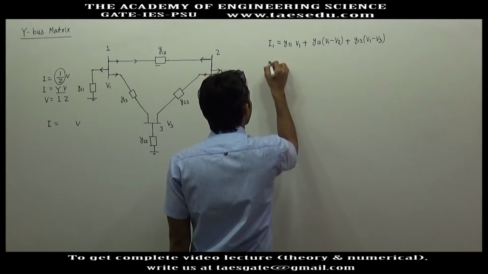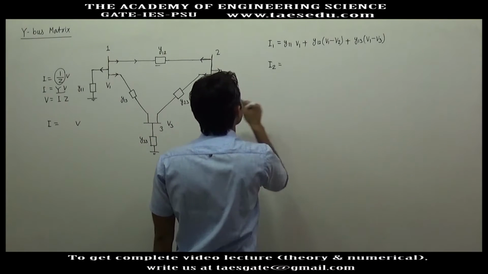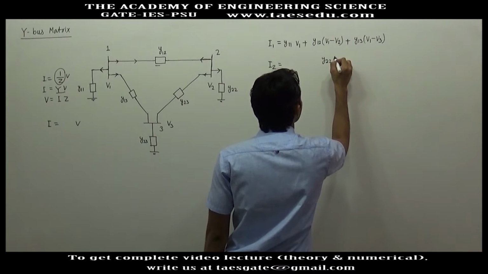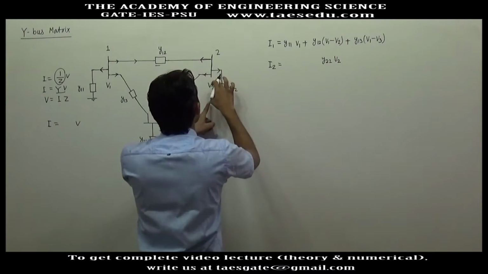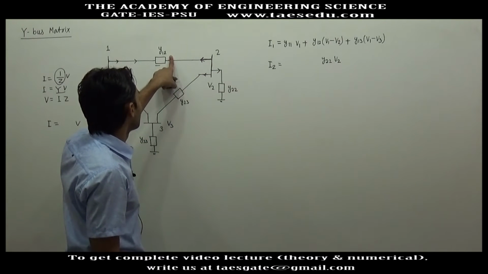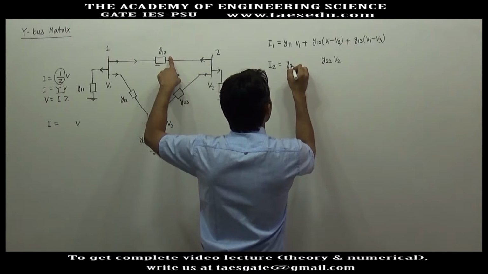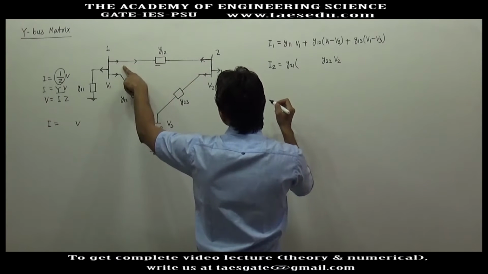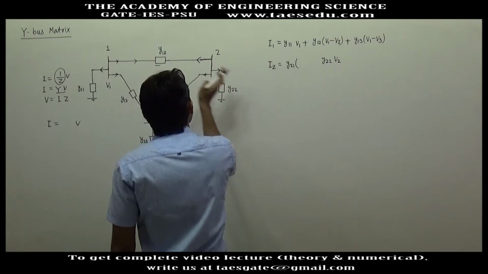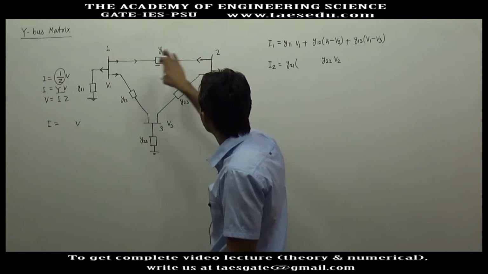Similarly, what will be I2? Y22 into V2 minus 0. This current, what is this current? Y21 into V2 minus V1, because for this current I am taking the reference from right to left. So for this current the voltage difference will be V2 minus V1.